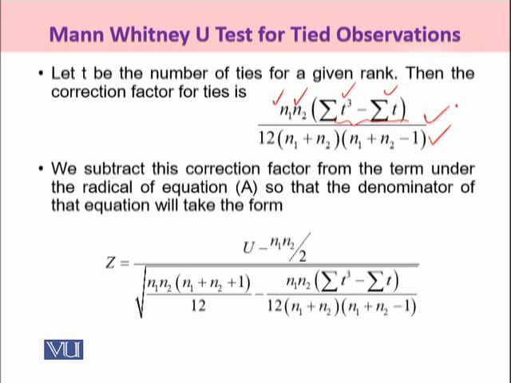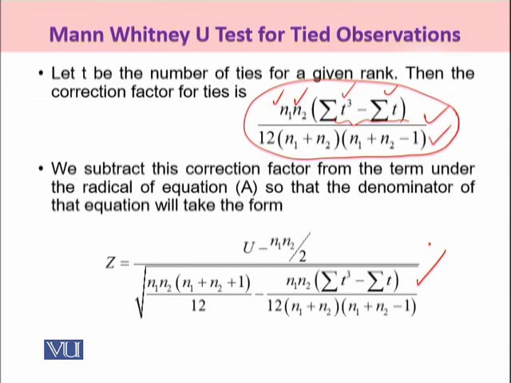So students, this is the correction factor for ties that you would have to include under Z once you have significant ties across the two variables. After doing this, in the radical of equation A, that is the denominator, you have made these changes, and after including your correction factor, your Z would take this form.